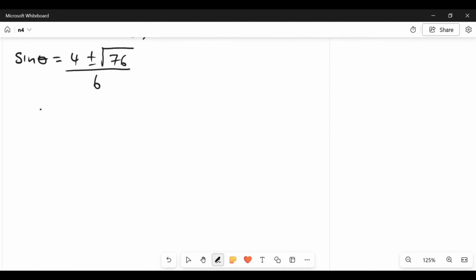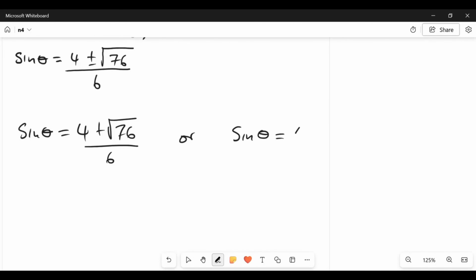Remember we have plus or minus there. So sine theta is equal to 4 plus root 76 divided by 6, or sine theta is equal to 4 minus root 76 divided by 6.